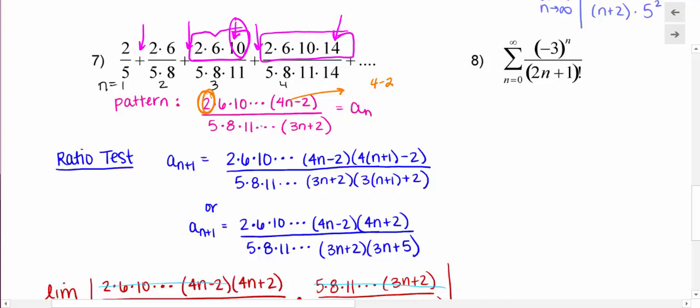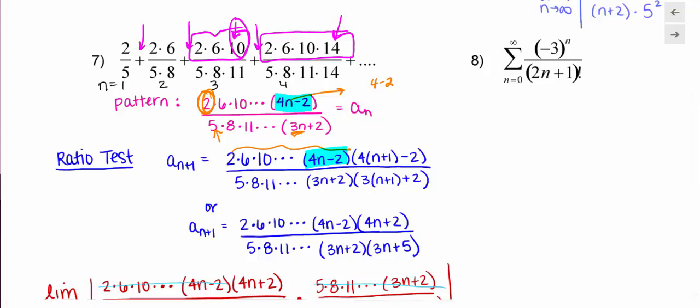And then I do the same thing for the denominator. I see a constant increase of 3. That's how I got 3n. And then I have to add 2 to get that first factor to be a 5. And so then I can look at what is my n plus 1th term. Again, that term is going to have all the same factors that you had before, 2 times 6 times 10 times all the way through that 4n minus 2 factor.